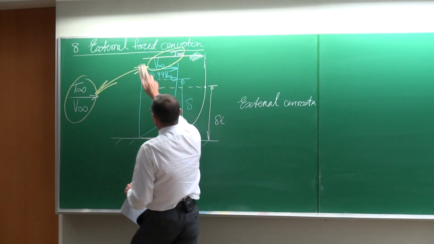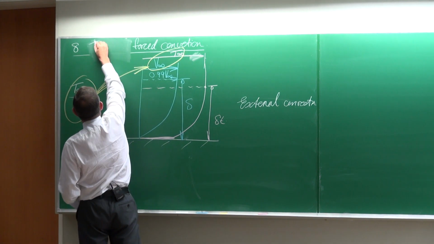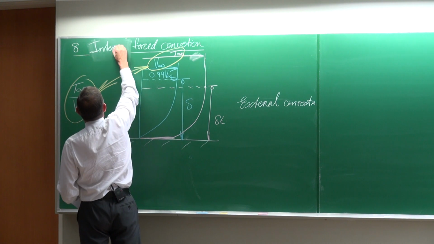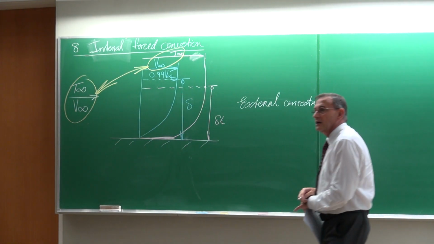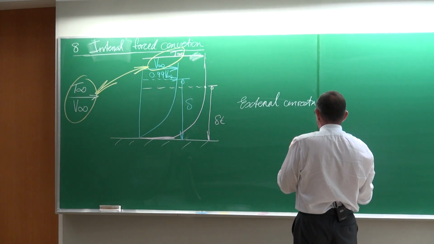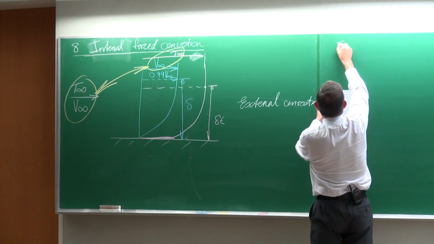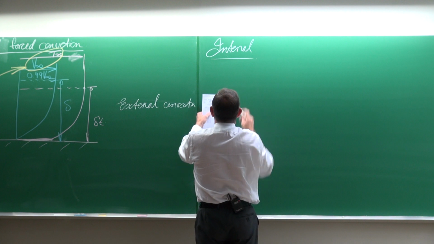Okay. Sorry, I made a mistake here. This chapter is on internal forced convection, of course. We've already completed the external forced convection. So that is for external convection. Let's look at typically what happens with internal forced convection.